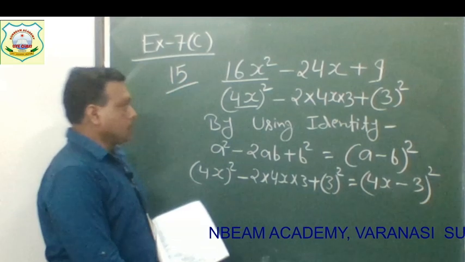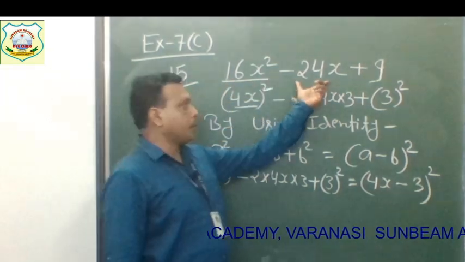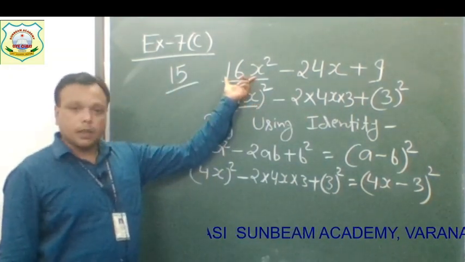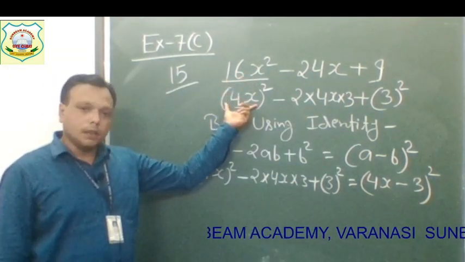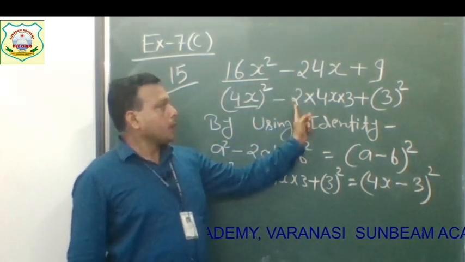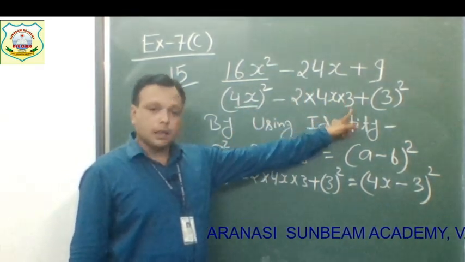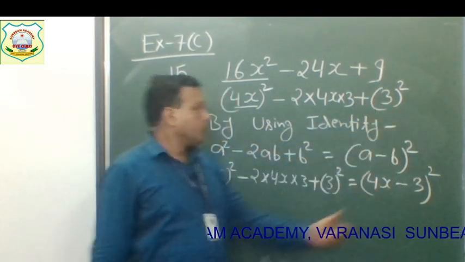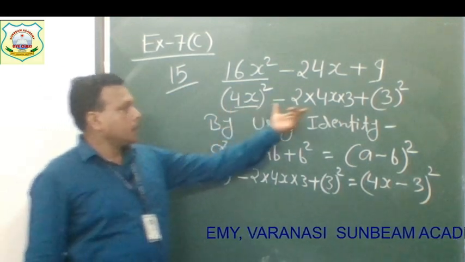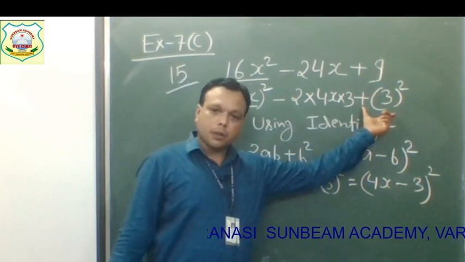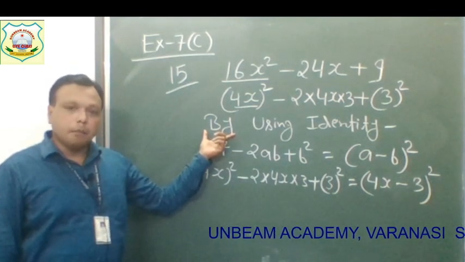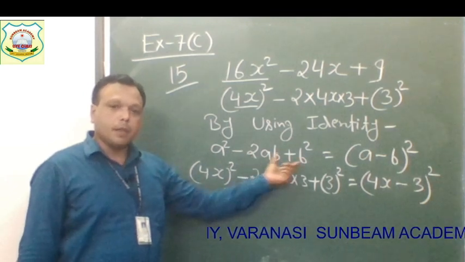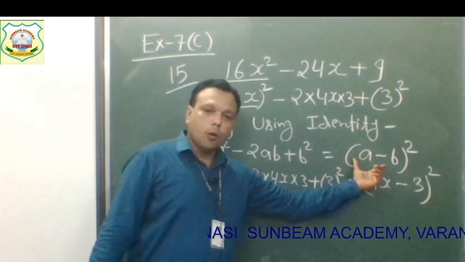Again, students, we see 16x square minus 24x plus 9. It is given. 16x square is 4x whole square, minus 2 into 4x multiplied by 3, plus 9. 9 is the square of 3. So a square minus 2ab plus b square. What identity will we use? By using the identity a square minus 2ab plus b square, that is a minus b whole square.